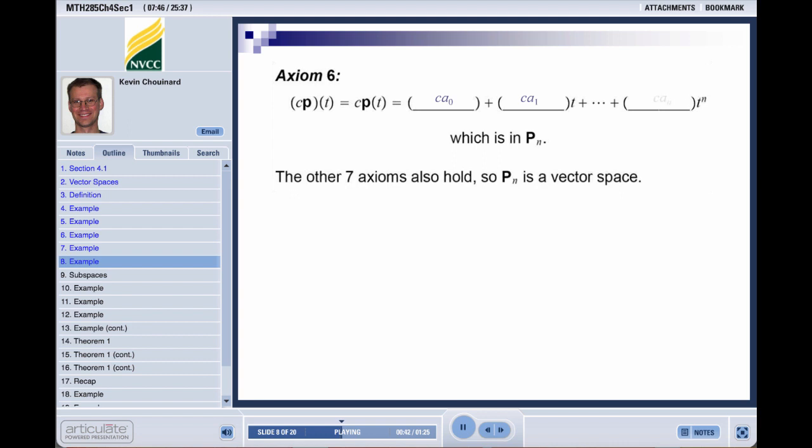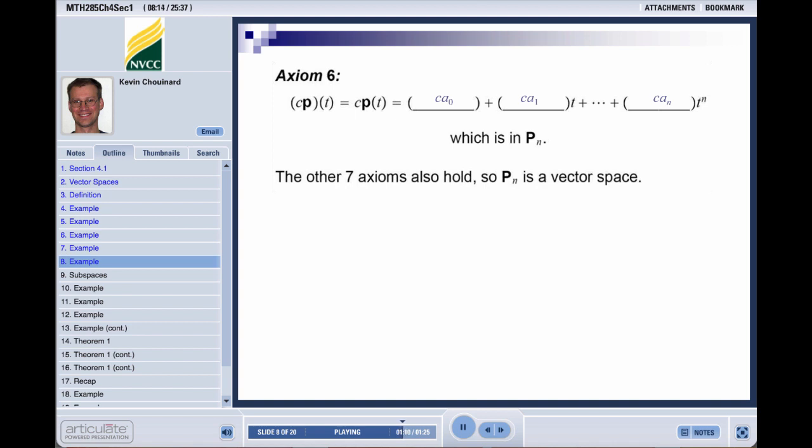And you continue the pattern all the way up to c times a sub n, which is the coefficient of the t to the n term. And since those coefficients are all real numbers again, and since this is a polynomial of degree at most n with coefficients from the real numbers, you're getting another polynomial back again. You're getting another element of P sub n. And since you're getting another element of P sub n all over again, axiom 6 is satisfied.